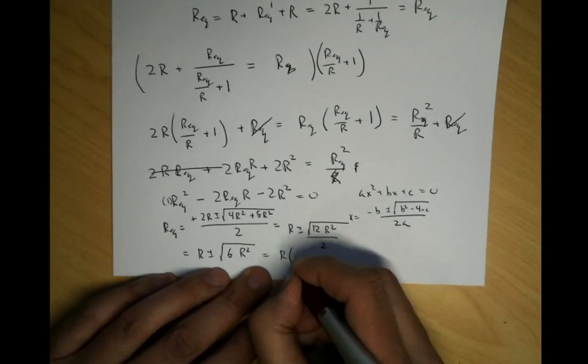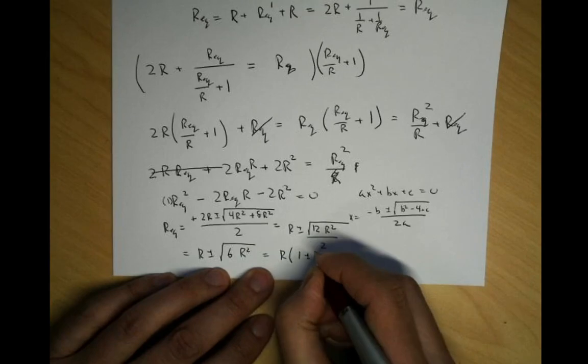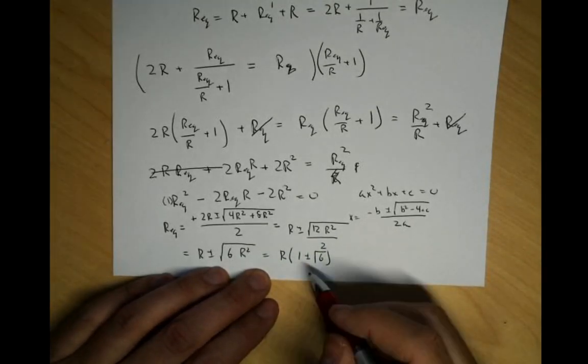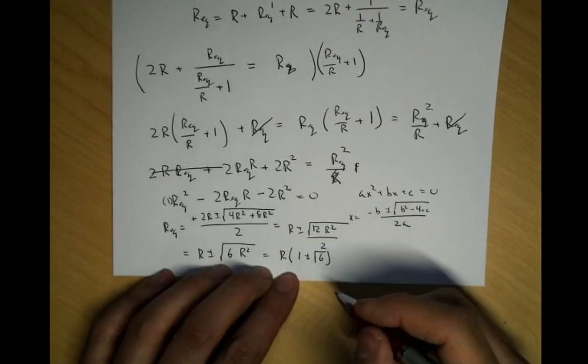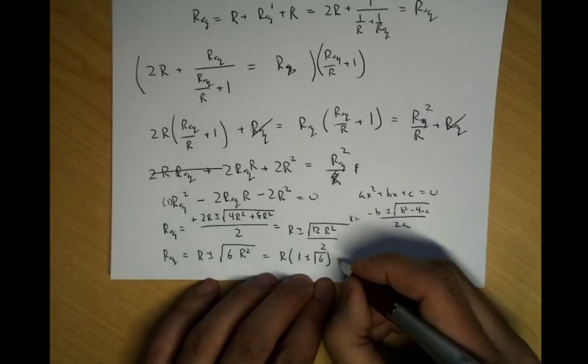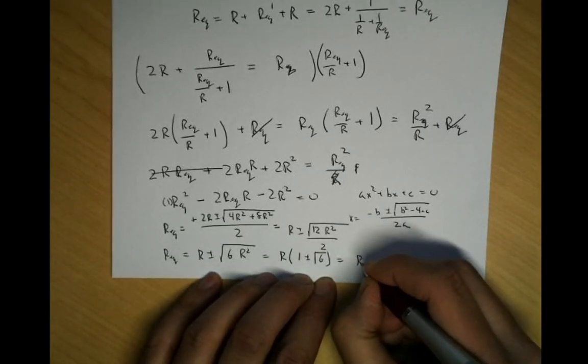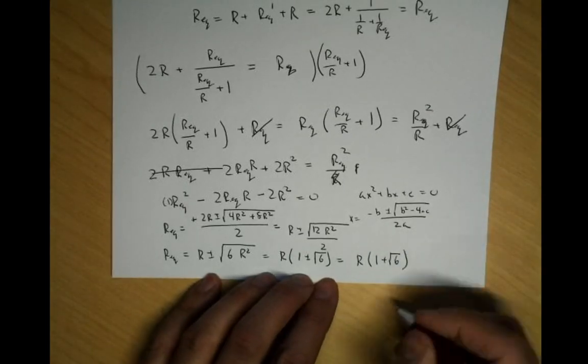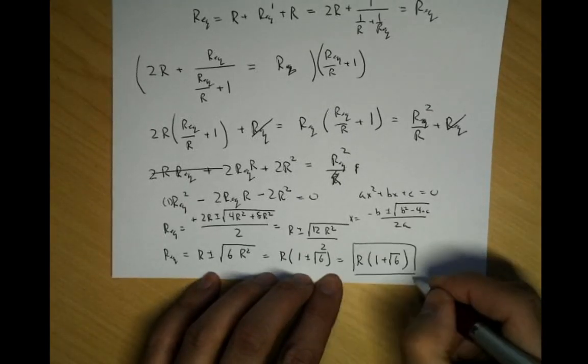Basically R times 1 plus or minus square root of 3, right? In this case, there are 2 answers, but only one of them is valid, because R equivalent has to be positive, and so the only one you're forced to pick is 1 plus square root. And so that is the answer for this one.